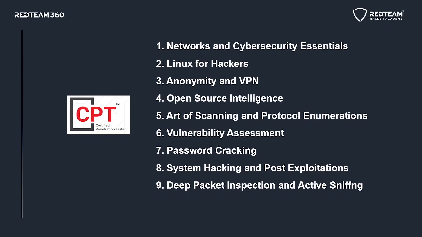Then we move to anonymity and VPN, that is module 3. So how can we enable anonymity of communication on the internet? We don't want our communications to be tracked. We don't want anyone to know who has initiated the communication. To achieve this, we have different methods. We use VPN solutions, as well as a concept known as onion routing based solutions like the Tor browser.